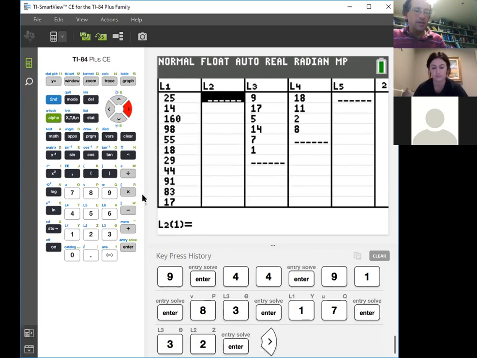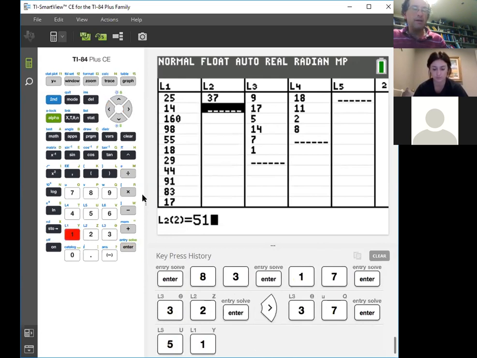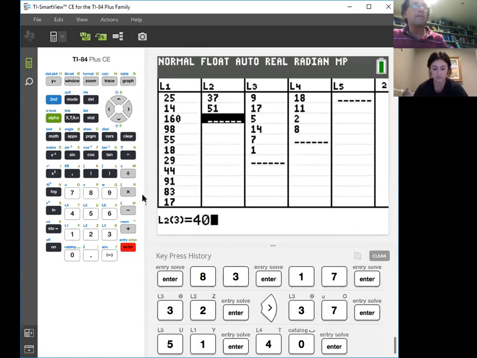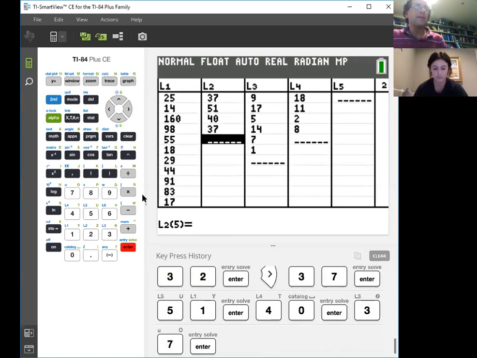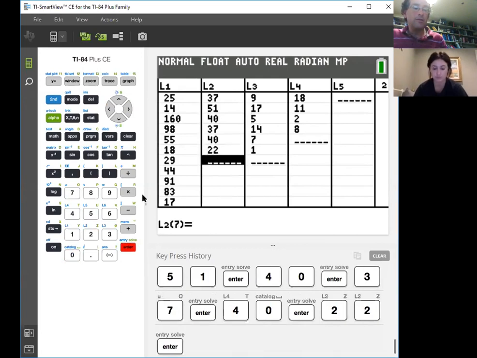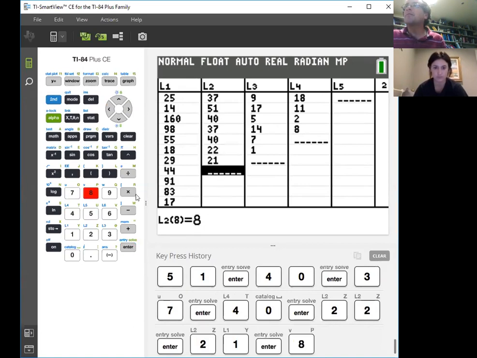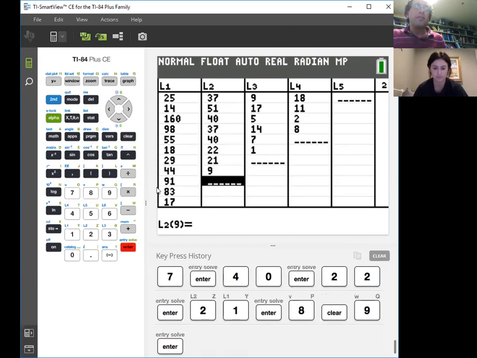And then L2, we're going to have 37, 51, 40, 37, 40, 22, 21, 9, that's right, missed it, 9, 30, and then 28, 19, and 11.